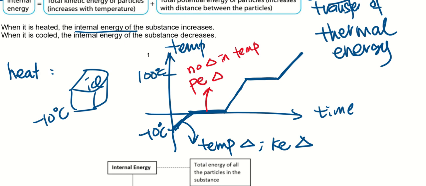Is it increasing in temperature? Yes, then the energy in the kinetic store will increase. Is it changing state? When it's changing state, the temperature doesn't change, so the KE remains the same. But the particles are moving either further apart or closer together, and therefore the potential energy will change.